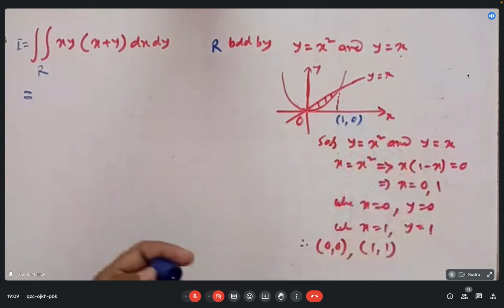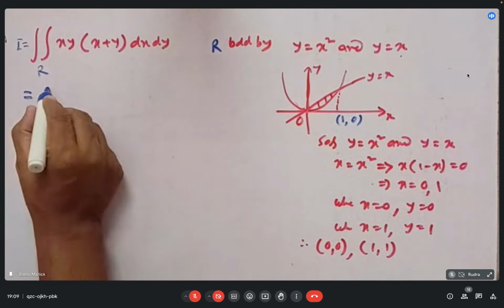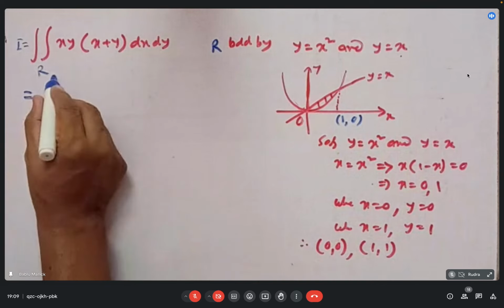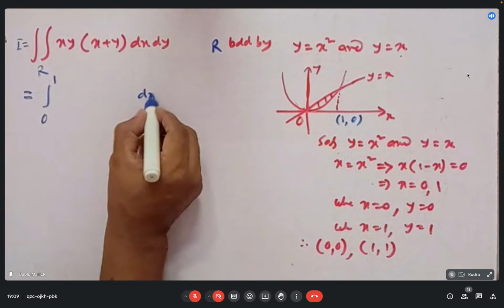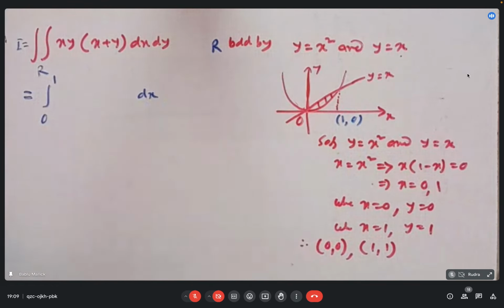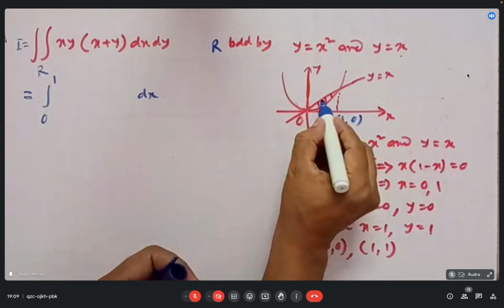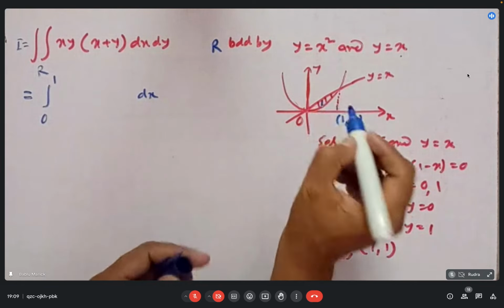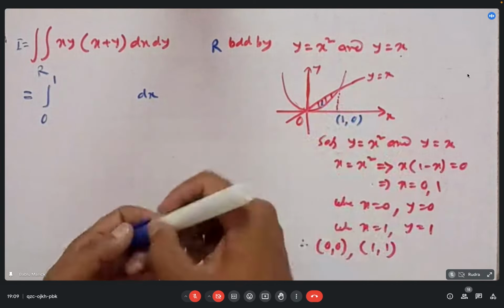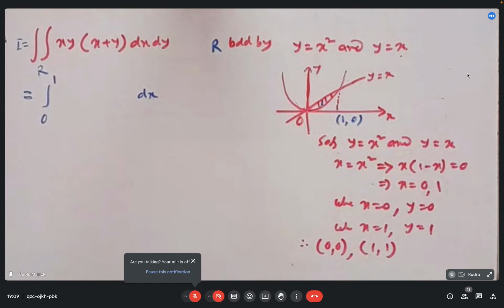The complete limit of x will be 0 to 1, dx. And now we shall find the limit of y. To get the limit of y, we shall draw a strip here. This is the blue strip.